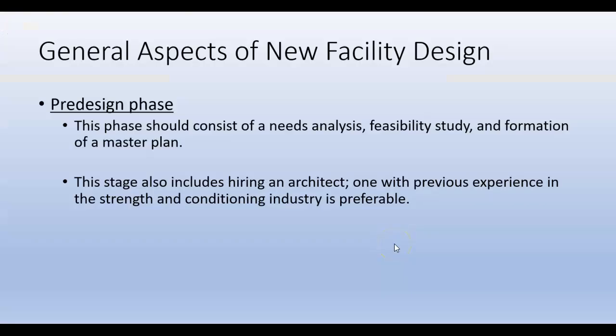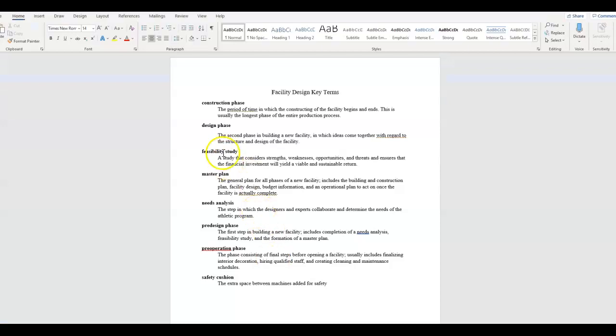Okay, so if we pop into the pre-design phase, which is that first phase, this consists of a needs analysis, your feasibility study, and formation of your master plan. This stage also includes hiring the architect. You definitely want one with previous experience, and especially in the strength and conditioning industry is preferable, since they'll know the equipment you're talking about and different terms. So for example, what is a feasibility study?